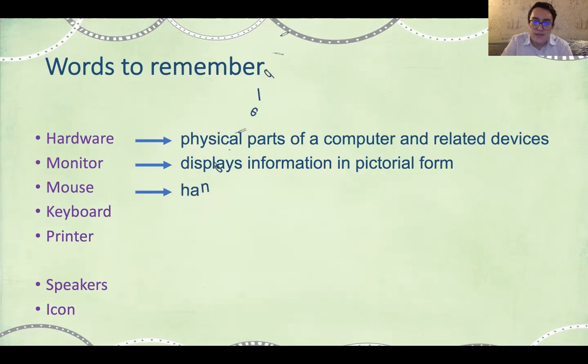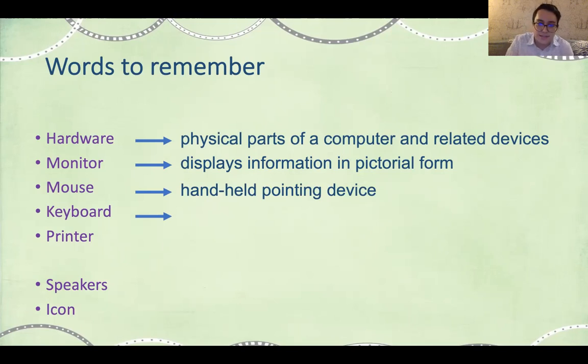Mouse. What is a mouse? A mouse is a handheld pointing device. So we are reviewing the things we talked about, the hardware that we talked about last lesson. All right. So next is keyboard.